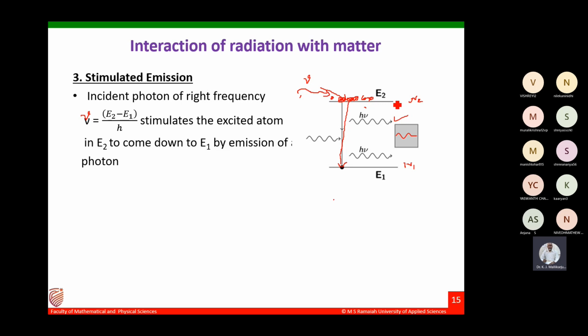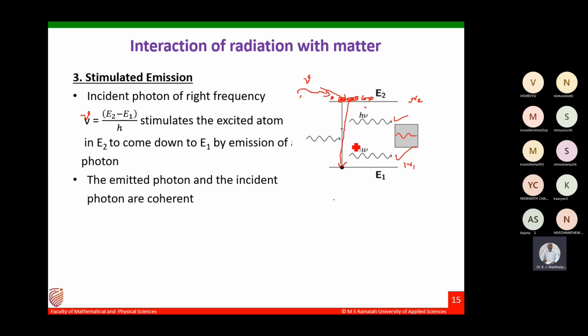On top of that, there is already an energy difference between these two energy levels, E2 minus E1. Because it is moving from here to here, it has to emit the same frequency whenever it comes down, therefore another photon is also emitted. Now, instead of emitting one photon, the stimulated atom will emit two photons.